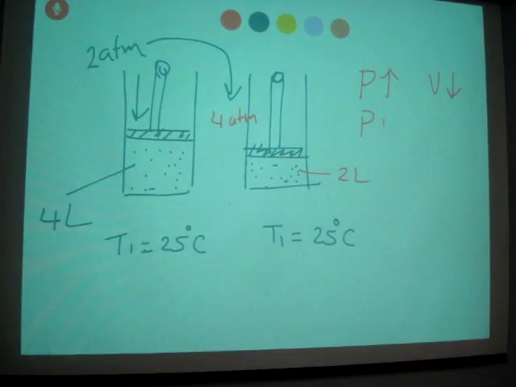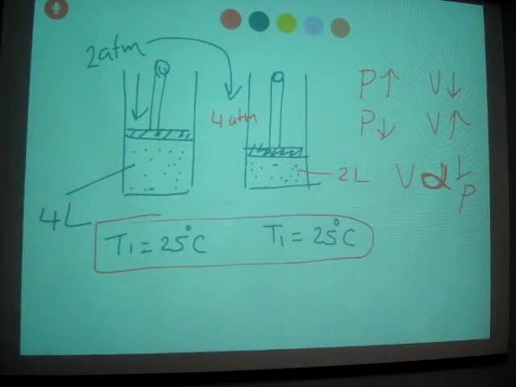And if pressure decreases, volume increases. That is called an inverse relationship. So he defined V is proportional to 1 over P. That's a proportional sign. He said temperature is constant and he manipulated pressure and volume, and defined those relationships.